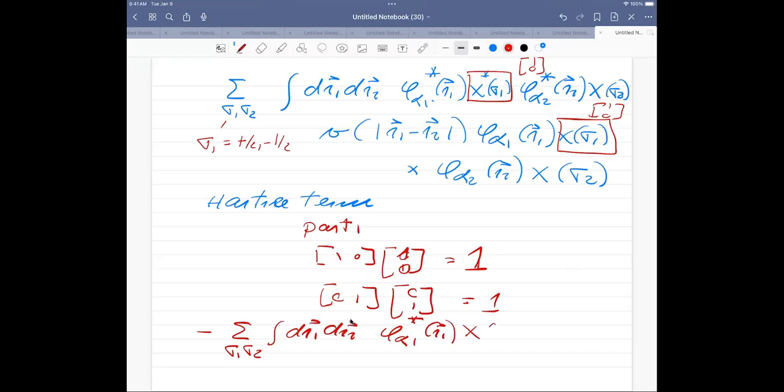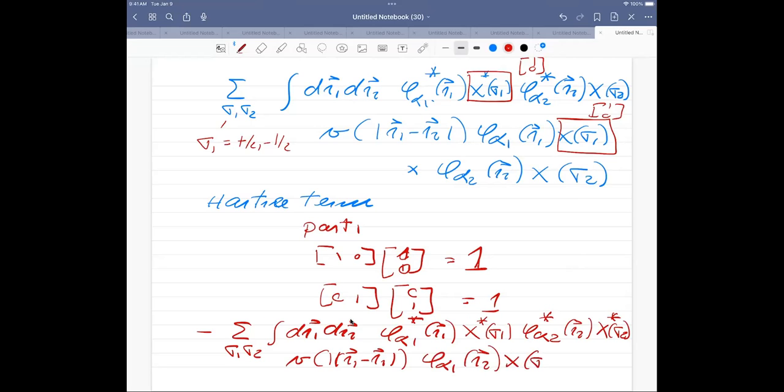And then this is multiplied with sigma 1, and then I have phi alpha 2 of r2, and then the spin part, sigma 2. And then I multiply this with a potential, which depends only on the relative distance, r1 minus r2 here. But then I have now a phi alpha 1 of r2, and then I have a similar one, sigma 2 here. So this will be particle 1.